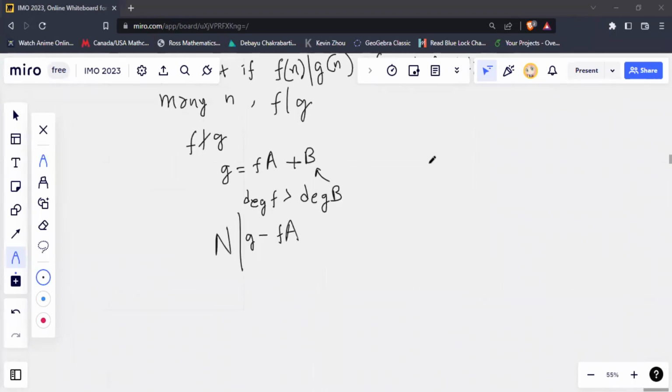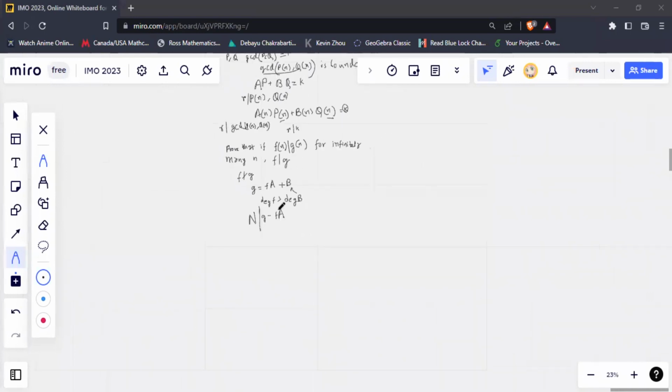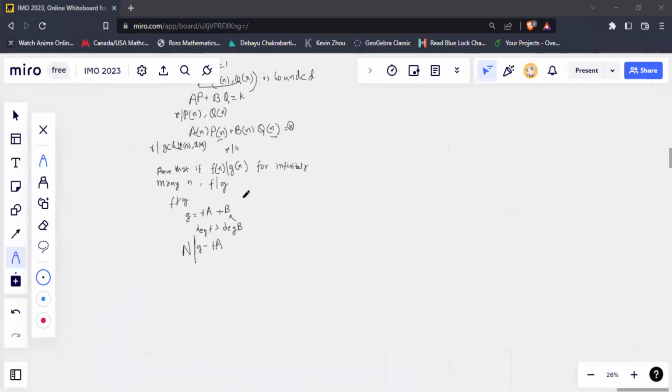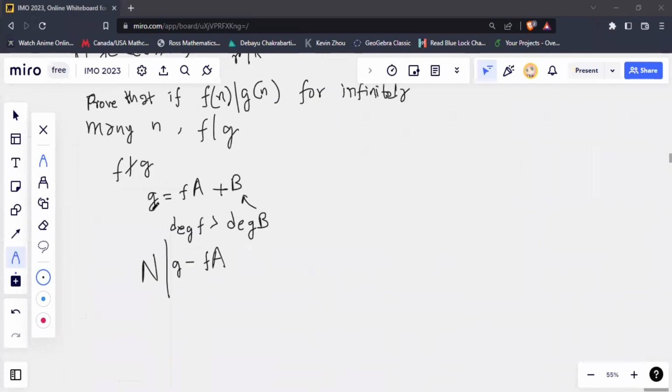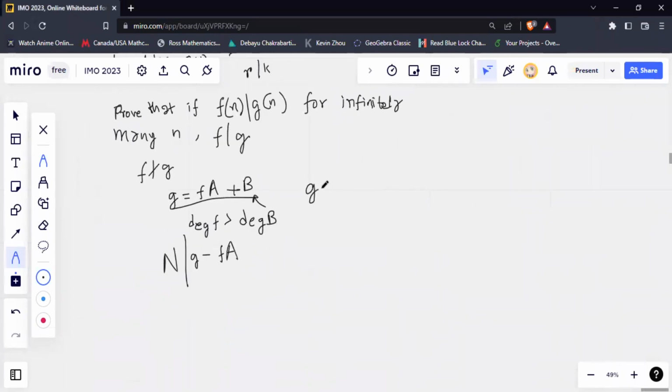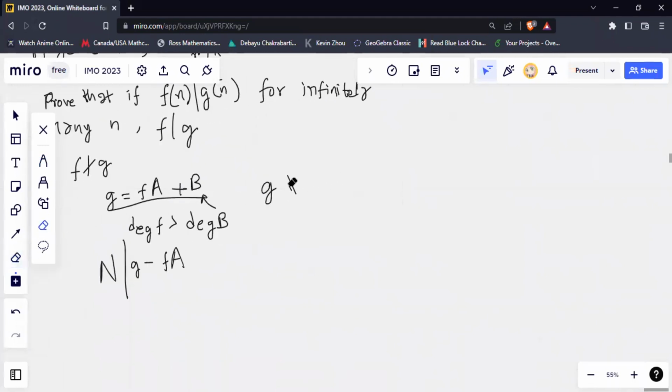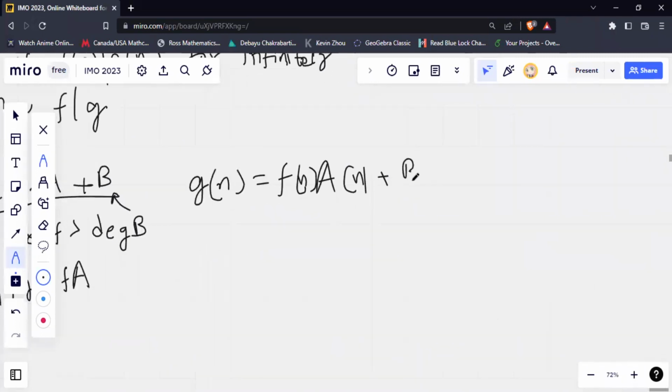Okay, so as Anurag said, you can just make this arbitrarily large and get a contradiction. But here's a neater way, it's the same argument. So we have this. Now for some n, this is true.